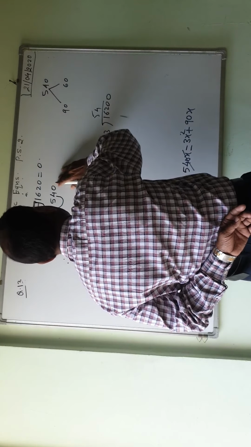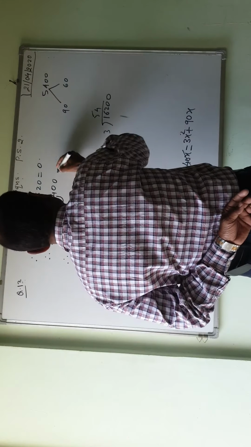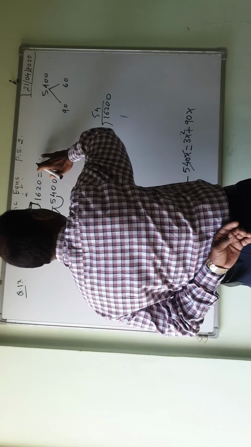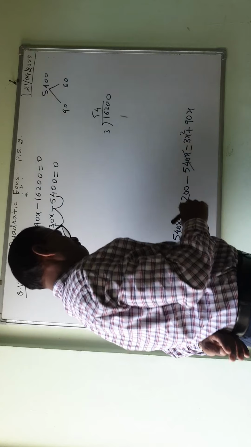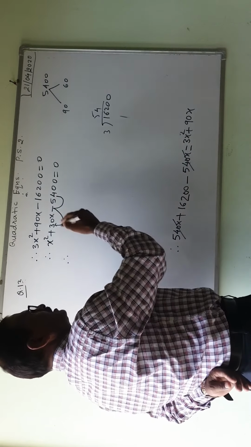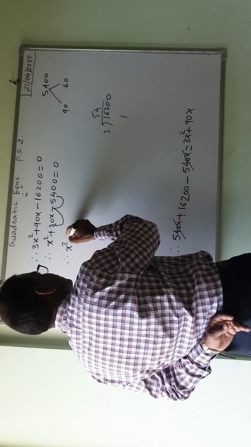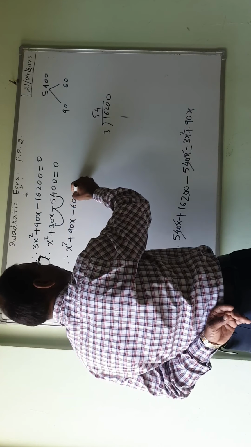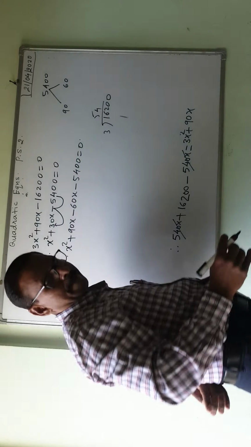Here we were wrong: 5 4 0 0 is equal to 0. This is 1620, not 200, is equal to 0. Here I have made a mistake. So x square, the bigger number will get the middle sign, plus 90x minus 60x minus 5400 is equal to 0.